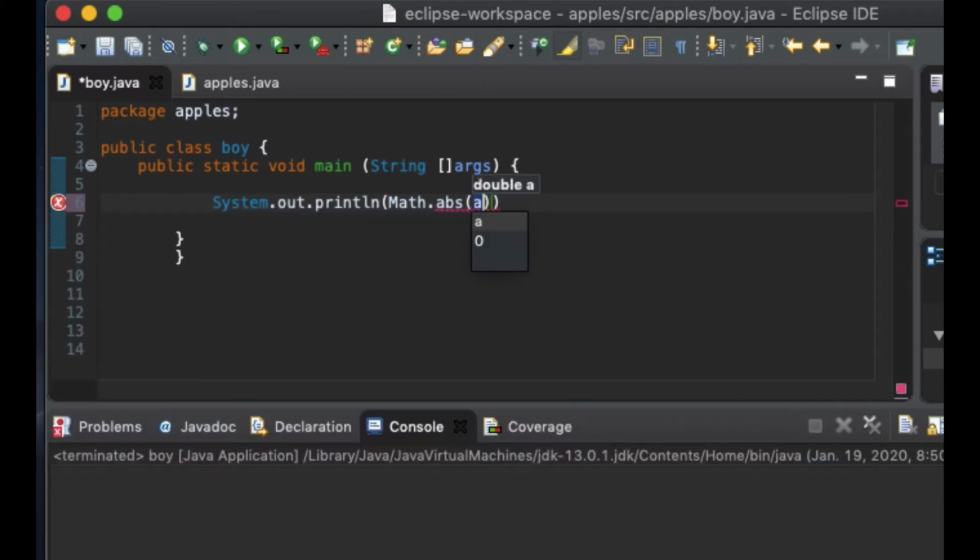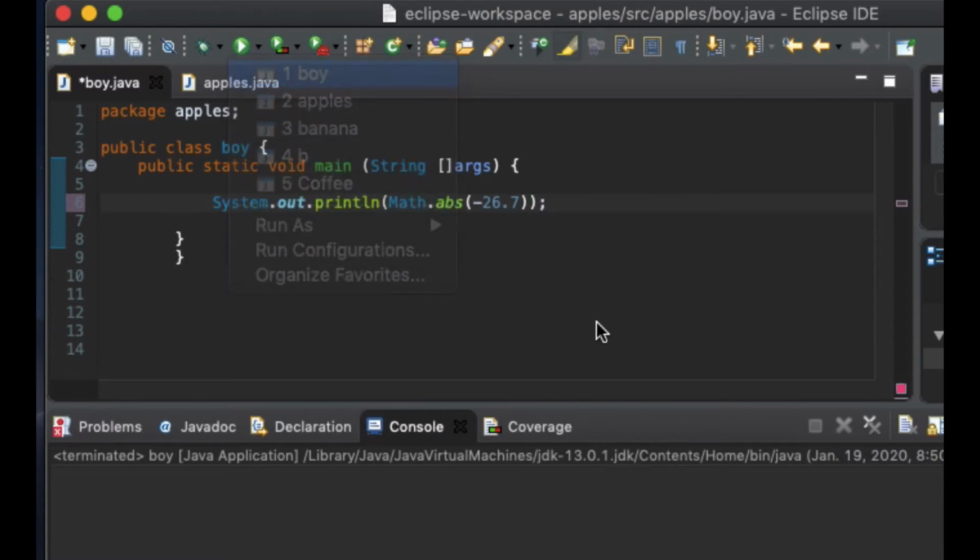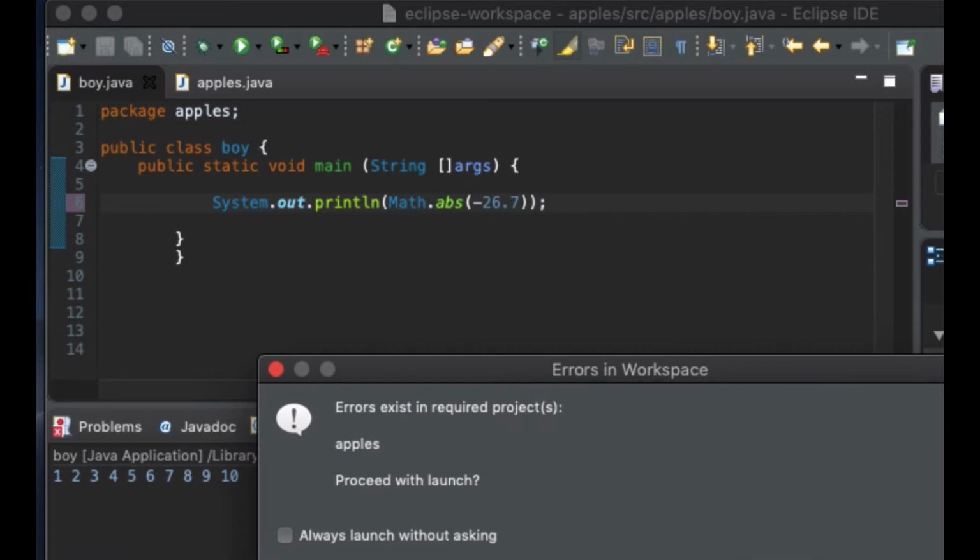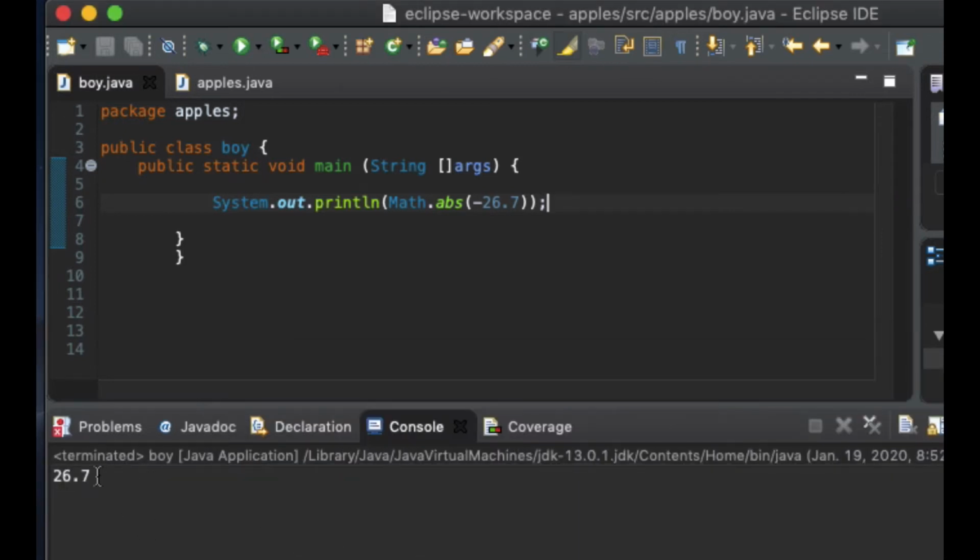Let's look at an example. Let's say I put minus 26.7. The absolute value of this should be positive 26.7, it doesn't matter what sign it is. If I run this one, now you can see we are getting a positive 26.7.